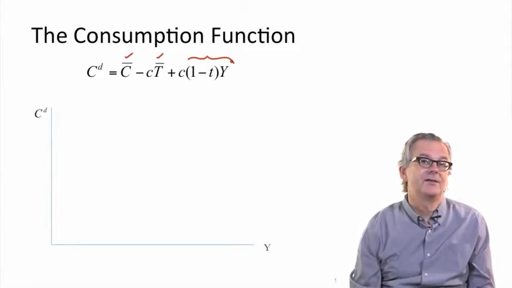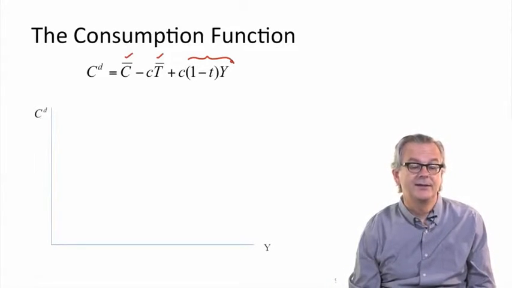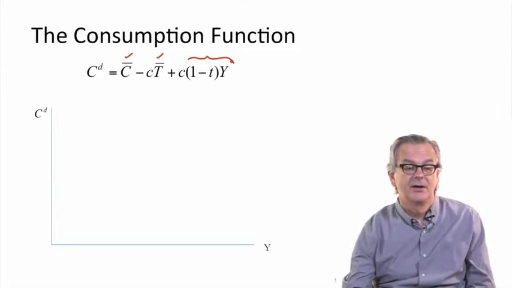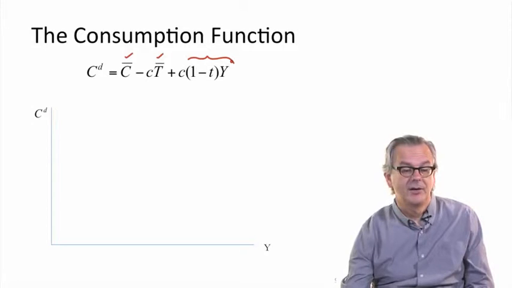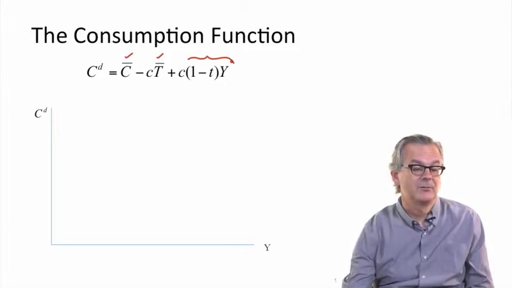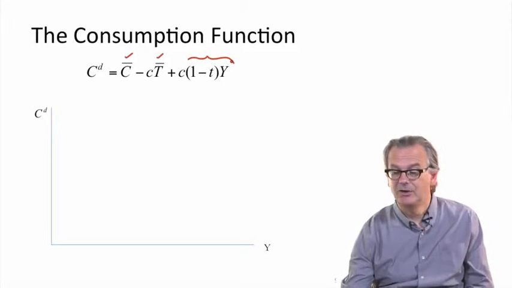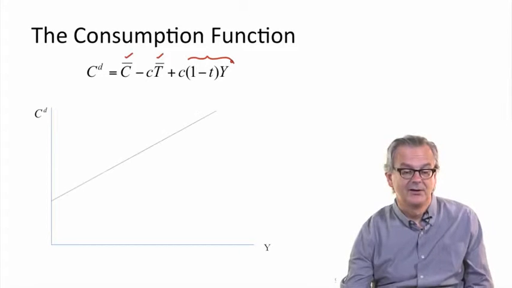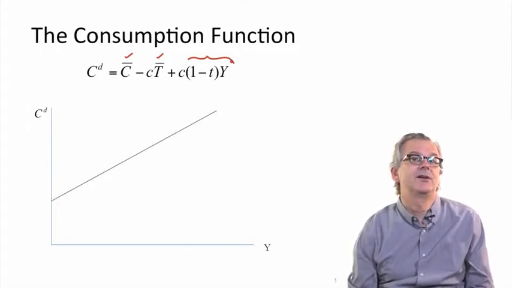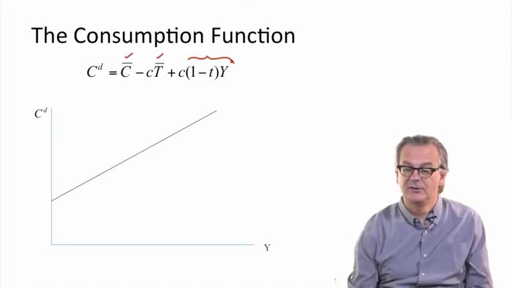We can illustrate this visually quite easily, and this is how we're going to proceed from here on, using a diagram with household consumption on the vertical axis and income on the horizontal axis. The consumption function will be illustrated in this framework with a positively sloped line.